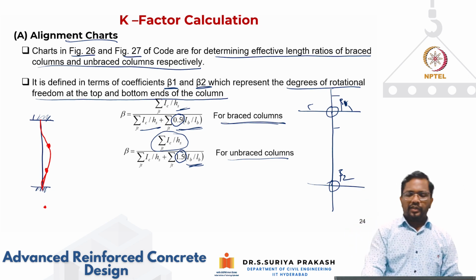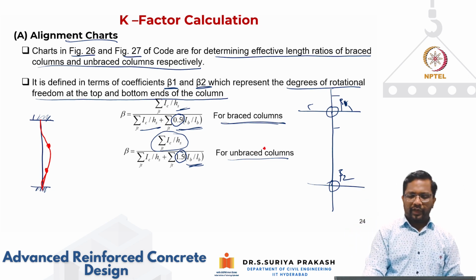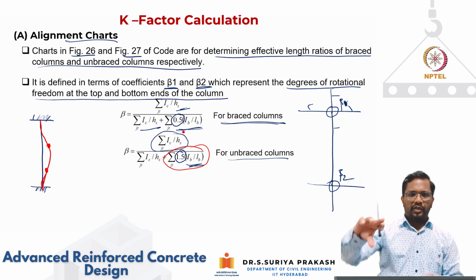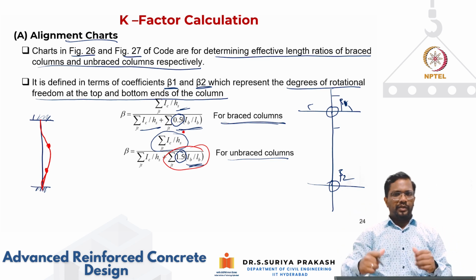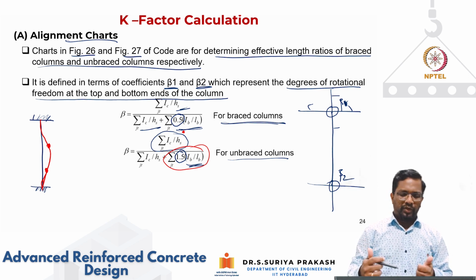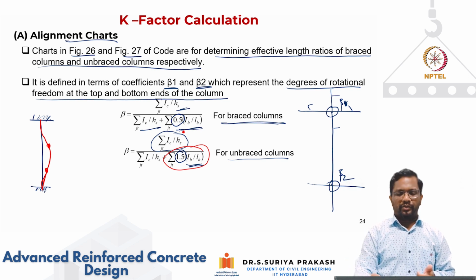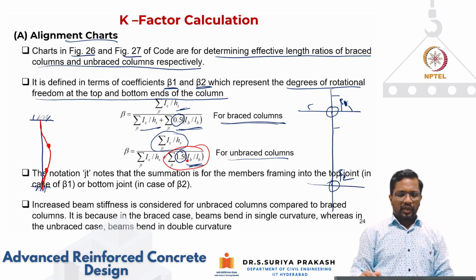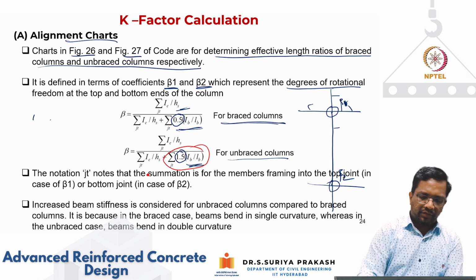So in an unbraced frame, your beams are going to bend in double curvature. Whenever a member is bending in double curvature, it will resist more moment, or the stiffness is going to be higher. To account for that, here we are taking 1.5.